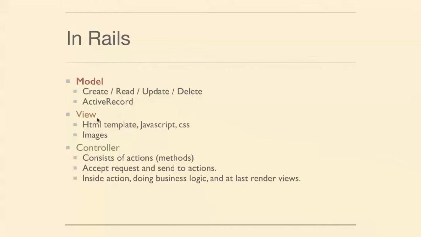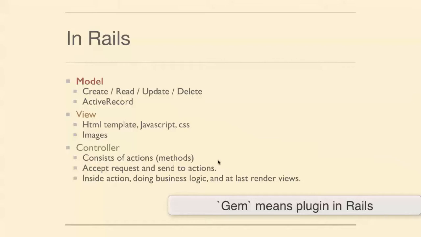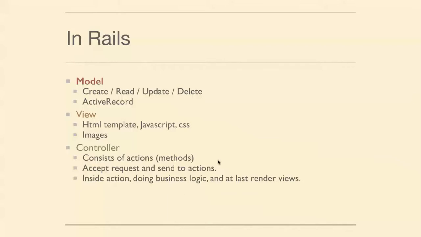The view layer consists of HTML templates, JavaScript files, CSS files, and also the images of your website. The controller will accept the web request and first send it to the actions inside, and the action will do the business logic, send back the correct data, and render it inside the view.